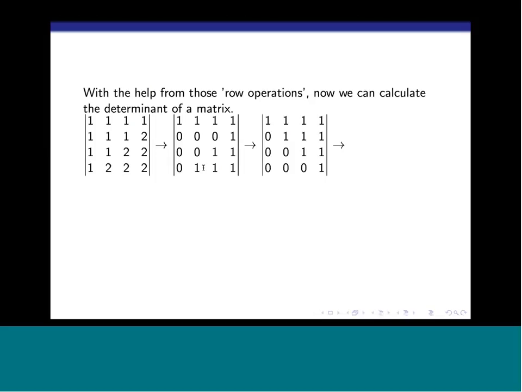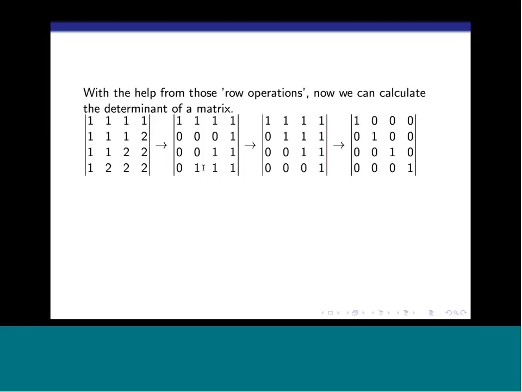Actually, this is already 1, by the way. This is the upper triangle. For an upper triangular matrix, the determinant is always the diagonal multiplied together, it's easy to see. But anyway, let's move forward. Then I'm using the last row multiplied by minus 1, then adding it back to the second row, and to the first.